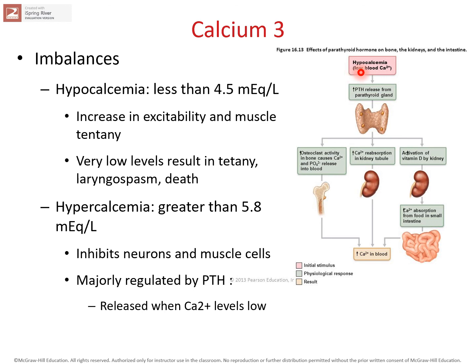So when the calcium level in blood is low, it's called hypocalcemia, and the normal level is 4.5 milliequivalent per liter. So when we have low blood calcium, the parathyroid gland releases parathyroid hormone. The parathyroid hormone has three different functions. The first one is to increase osteoclast activity.